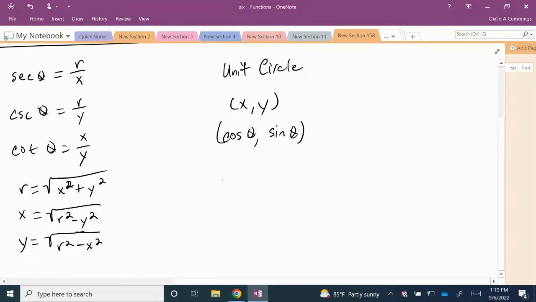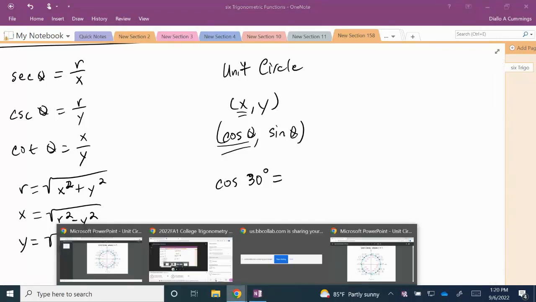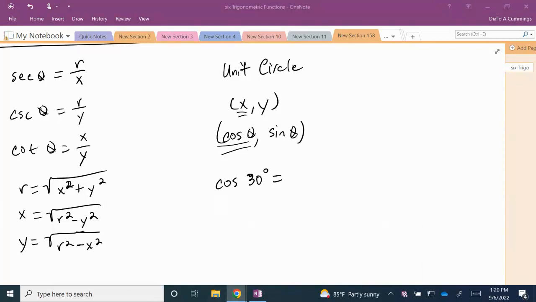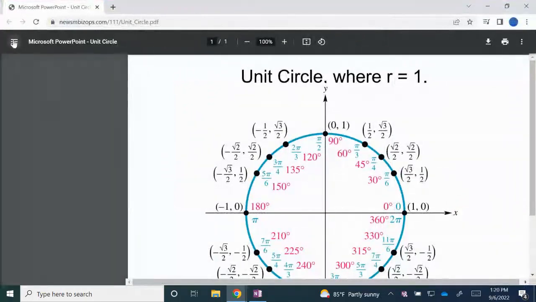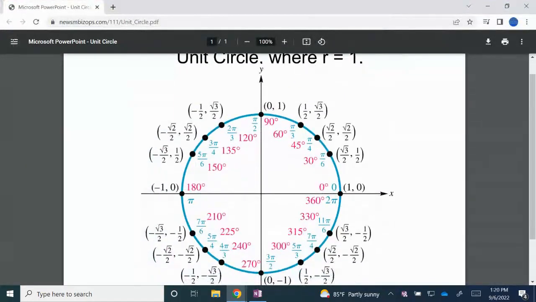So for example, if we wanted to find the cosine of 30 degrees, right, I would simply locate 30 degrees and I would look at the x coordinate for 30 degrees. Right, so going back to the unit circle, I want to find the cosine of 30 degrees.